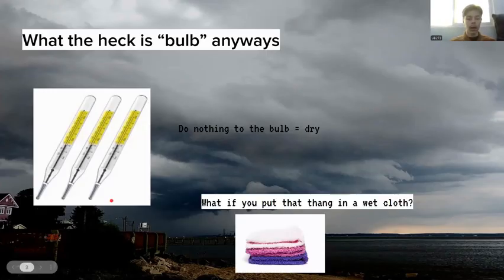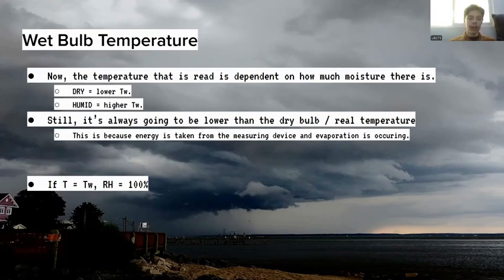But if we were to put that thing in a wet cloth, what would happen? It would smash into pieces, and then, I don't know. No, instead, we're going to get the wet bulb temperature. So what is this? How does this mean anything different?